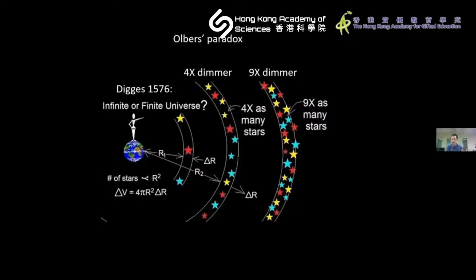And you notice there is an implicit assumption in this paradox: that our universe in all senses is infinitely old and infinitely large. First, our universe is infinitely large, otherwise there is no Olbers' Paradox.